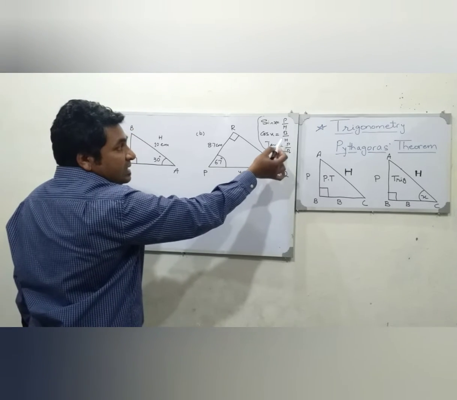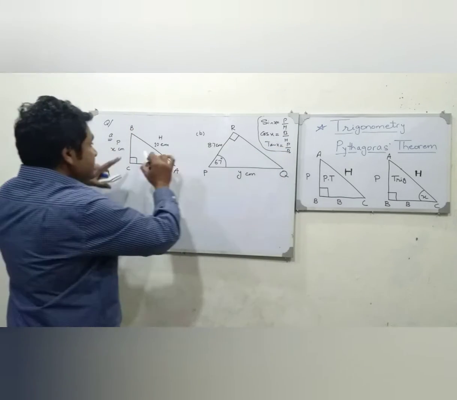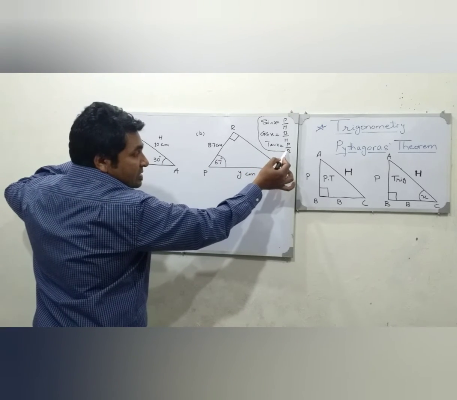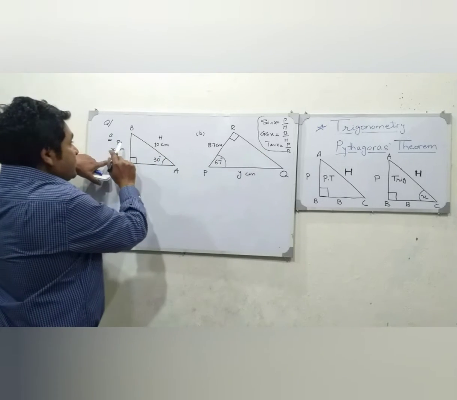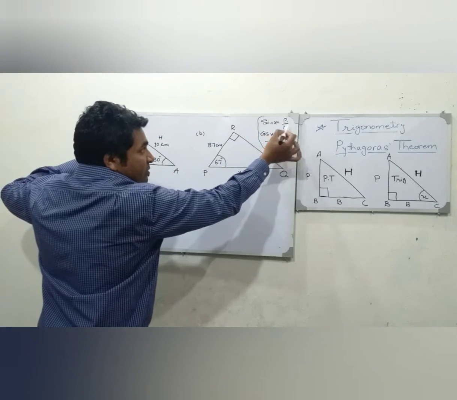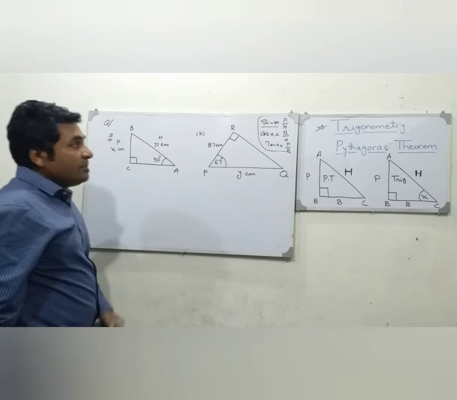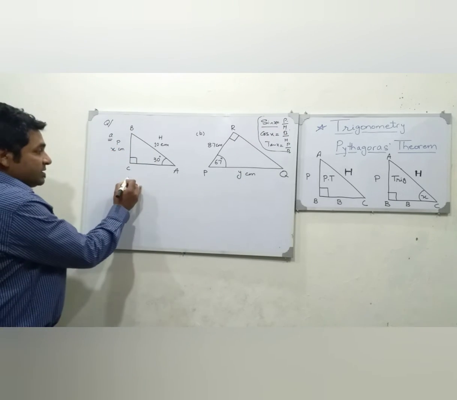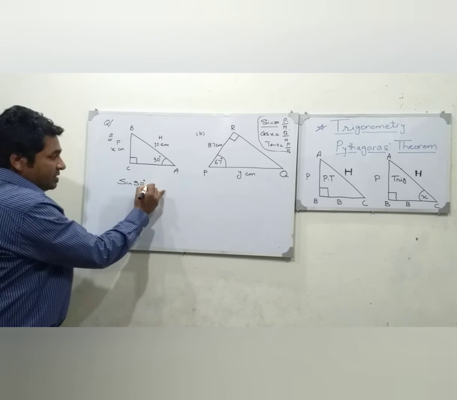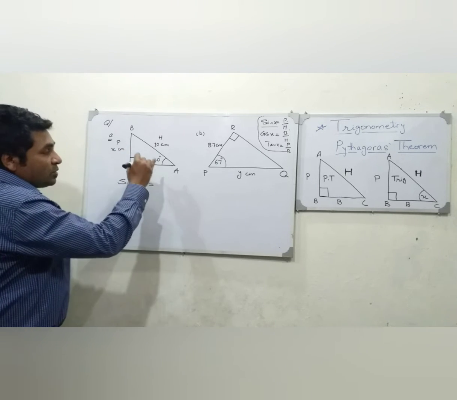You can clearly see that base over hypotenuse is not given, because this is perpendicular, this is hypotenuse. Perpendicular and base, this ratio is not given. So the ratio which is given is perpendicular over hypotenuse. So this tells me that I will use the sine ratio. So I write here sine 30 degrees equals perpendicular over hypotenuse.